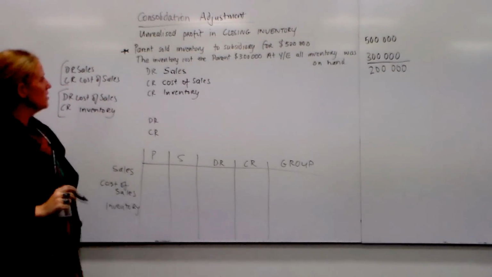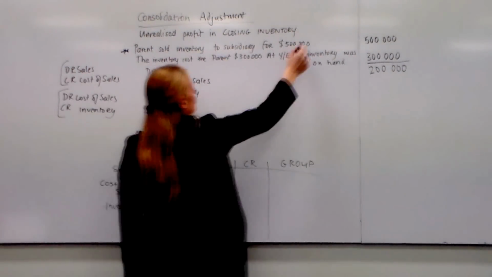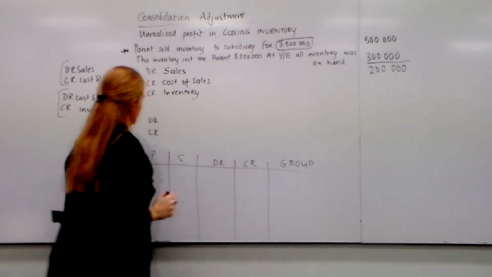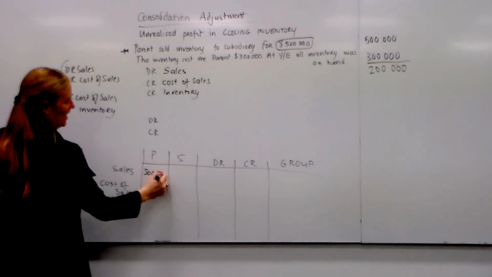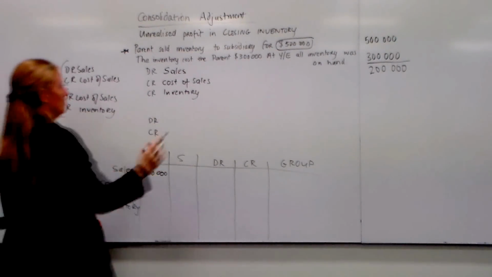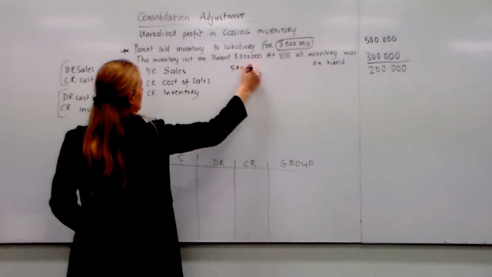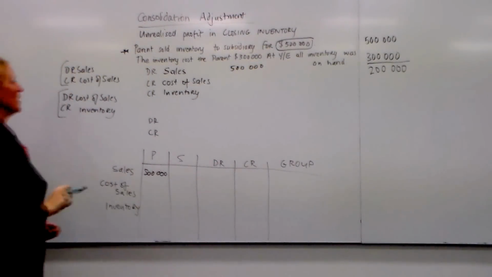Okay, so we're going to look at this question here. Parent sold for $500,000. Okay, so parent has $500,000 sales that they've made. Basically the sales is going to be debited with $500,000, and I'll explain to you just now exactly why.